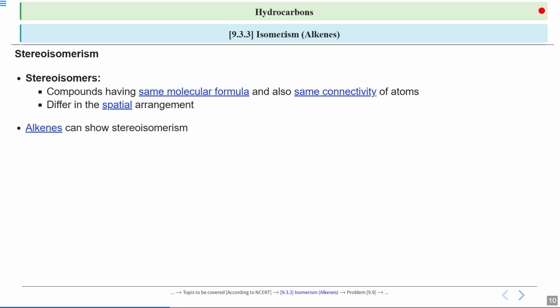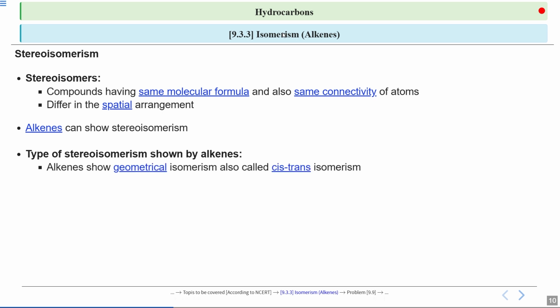Moving on, we have learned that alkenes, which are hydrocarbons that have at least 1 carbon double bond, can exhibit isomerism. This is an important property that affects their chemical behavior and application. Now, what is the type of stereoisomerism shown by alkenes? The stereoisomerism shown by alkenes is geometrical isomerism, also referred to as cis-trans isomerism.